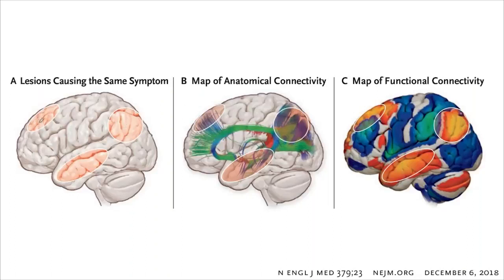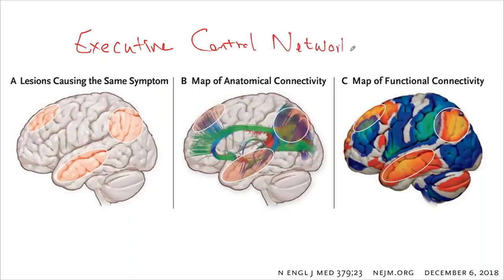treatment. So if we consider the connection between these 3 areas, in reality we'll realize that they are connected in a network that we call the executive control network, what we call ECN.